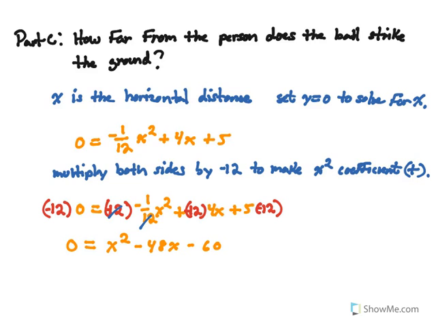In order to solve for x, we're going to have to use either the quadratic formula or see if this is factorable. So we'll need to check that, because if we can't factor it, then we need to use the quadratic formula.